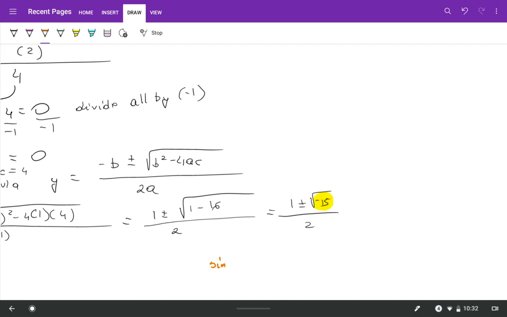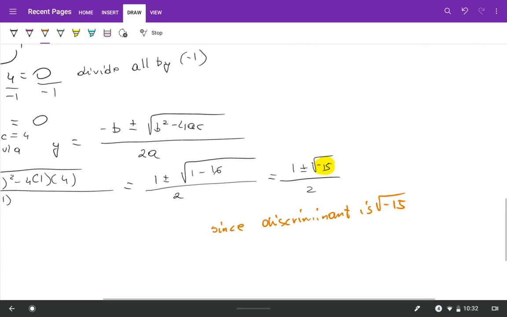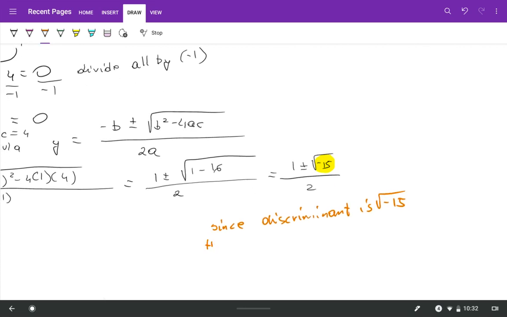So since the discriminant is the square root of negative 15, this quadratic equation has no real solutions.